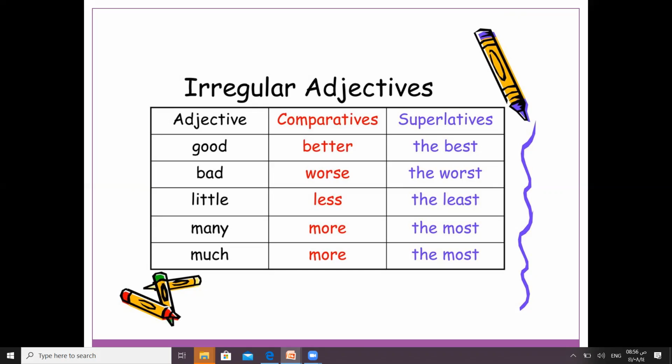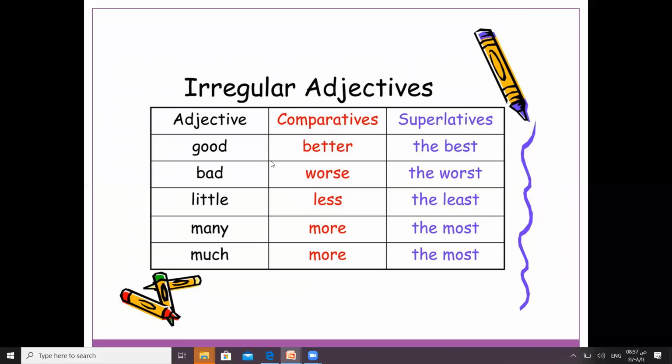Some irregular adjectives, we change when making the comparative and superlative form. Like good. It's incorrect to say gooder, for sure not. We will change it because this word is an irregular adjective. We will make it better if I'm comparing between two things, and if I'm comparing between more than two things, I will say the best.